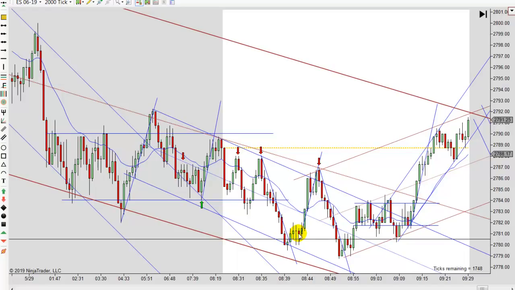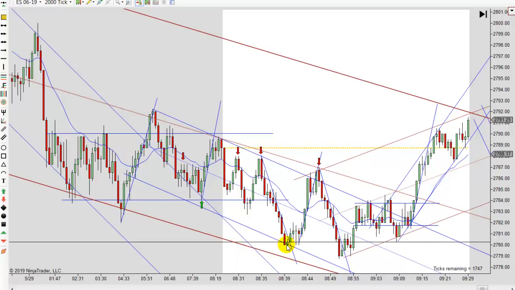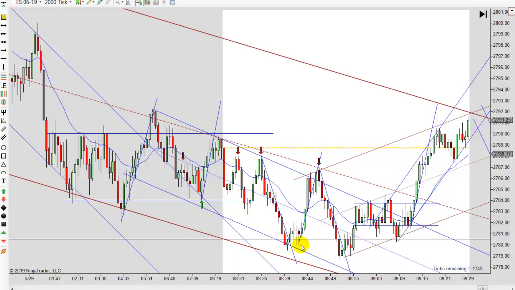But here's something I want to make sure you understand: the reason there's congestion is the selling is still strong, but we're kind of reaching a strong support area. So that's why the congestion; it's like an equilibrium point before the buyers overtake the sellers, and that's what's starting to happen there.